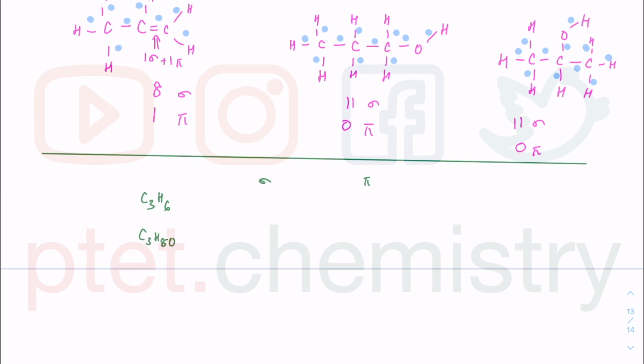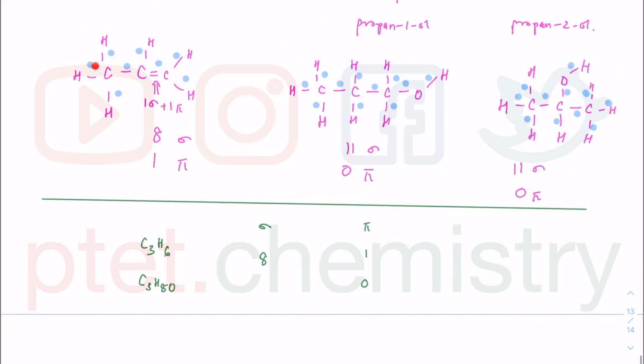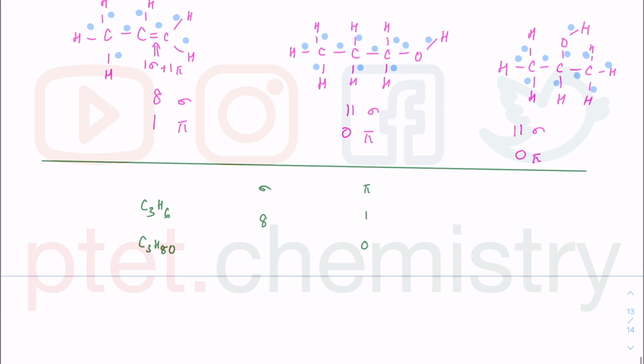There is 0 pi in the C3H8O, there's 1 pi there. There is 8 sigma in the alkene there. 1, 2, 3, 4, 5, 6, 7, 8. And then there's 11 sigma in the resulting alcohol product there.